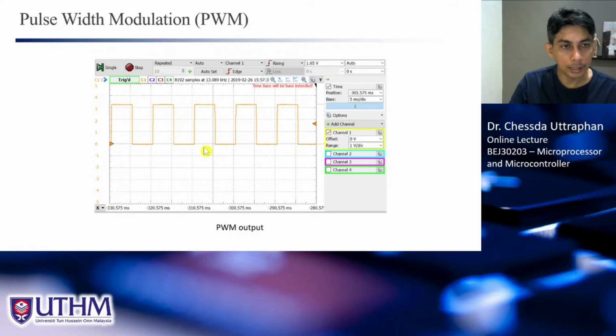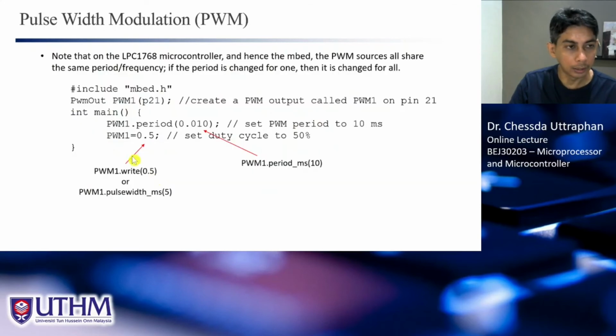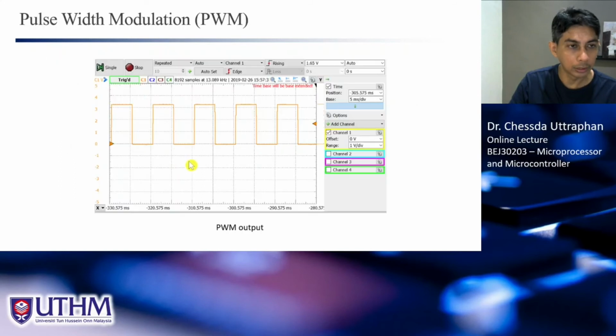So this is the output of this code. You will have a constant pulse, constant cycle, and constant duty cycle, which is 50%, where on time and off time are the same, right? This is from this code.